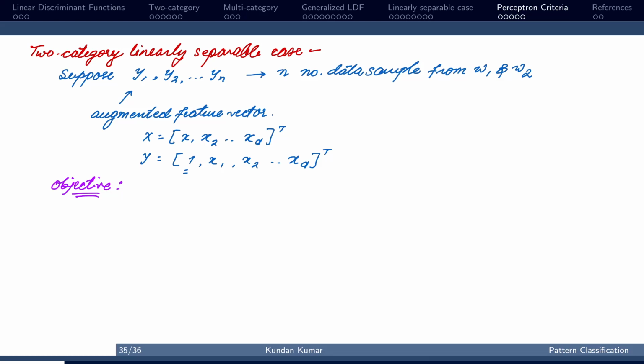Here we are going to define our objective in the two category linearly separable case.